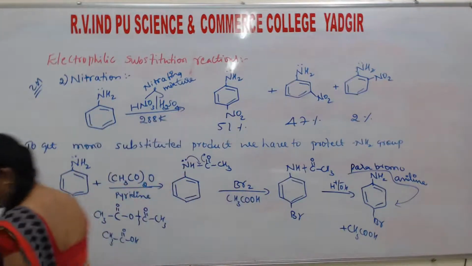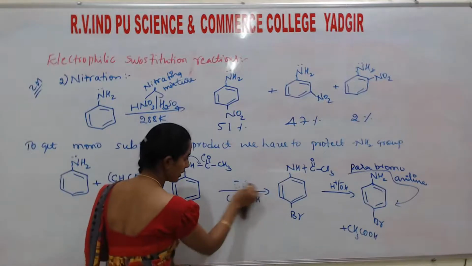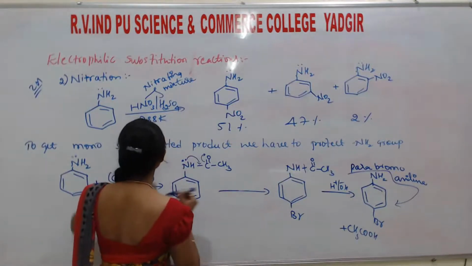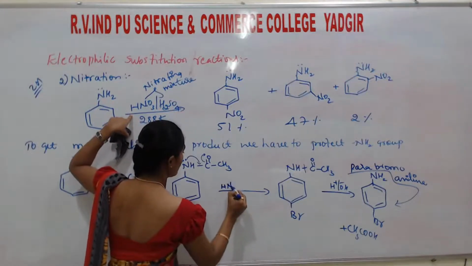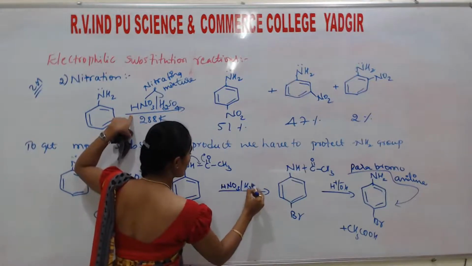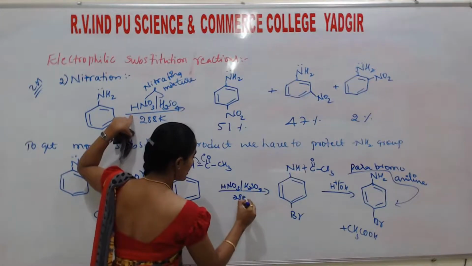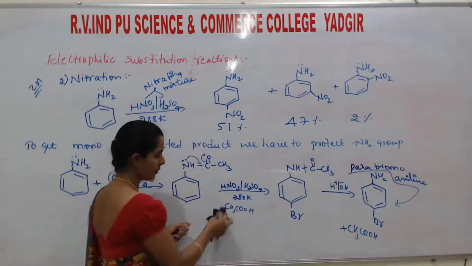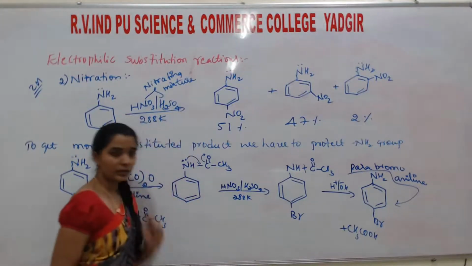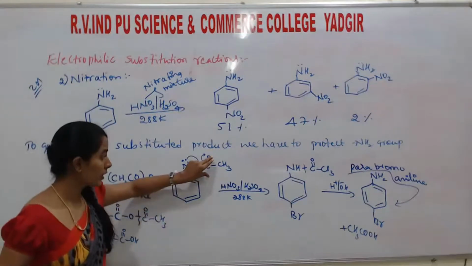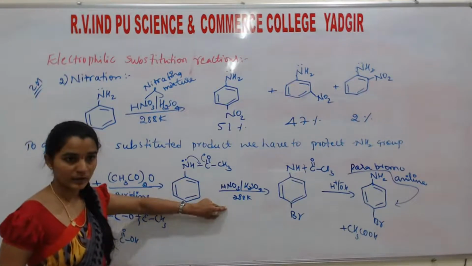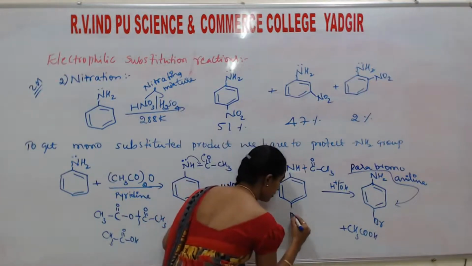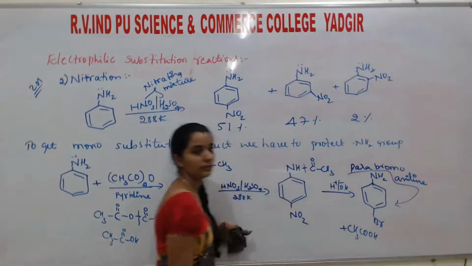Then instead of bromination, we are doing nitration. Nitration means what is the condition? HNO3 in presence of H2SO4 at 288 Kelvin, and acetic acid also may or may not be present. After protecting this NH2, nitration will take place. So then what happens? It forms NO2 here.